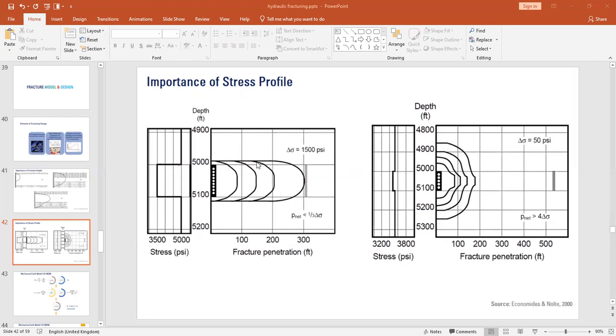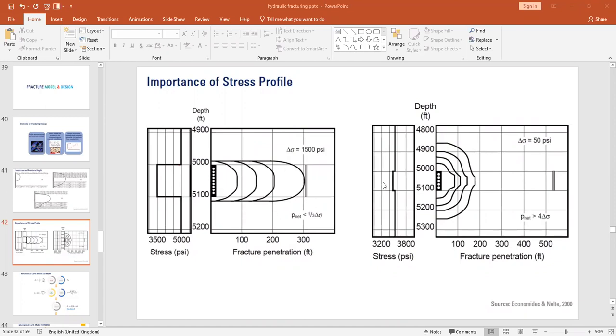So you expect that it will fracture only this particular zone and the fracture will not penetrate into this other zone, because the pressure at which you're injecting the fluid at this level is lower than the fracture pressure of that particular rock, of that particular interval. So it's not going to fracture. The fracture may confine itself only within this particular interval.